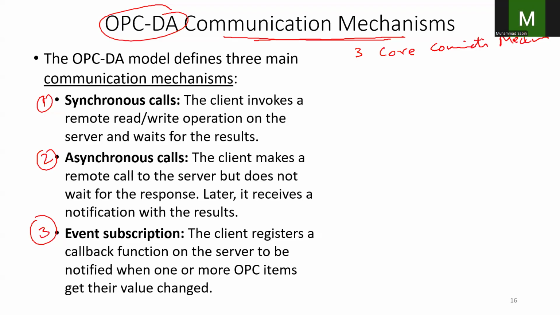First we have synchronous calls. In this method, the client sends a request, like reading or writing a value, and waits for the server to respond before continuing. This is straightforward, but it may block the client if the server takes time, because it has to wait.